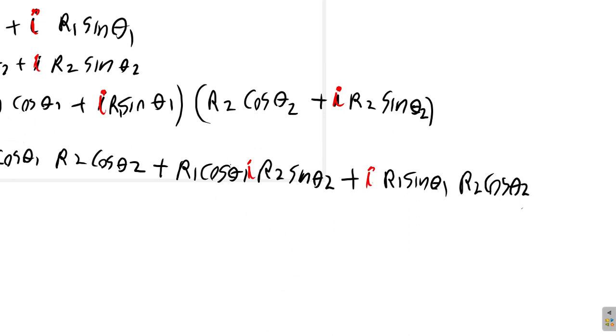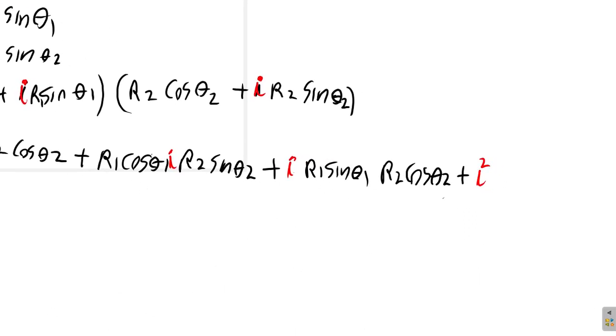So what we get is plus i times i. So we have i squared, right? i squared, and then we have r1 sine theta 1, r2 sine theta 2. See that?